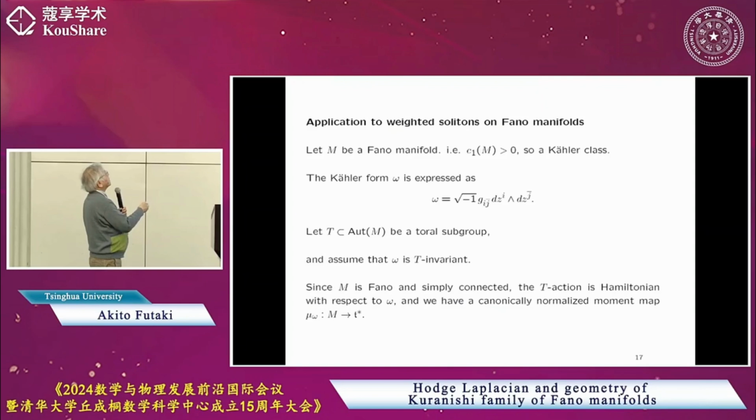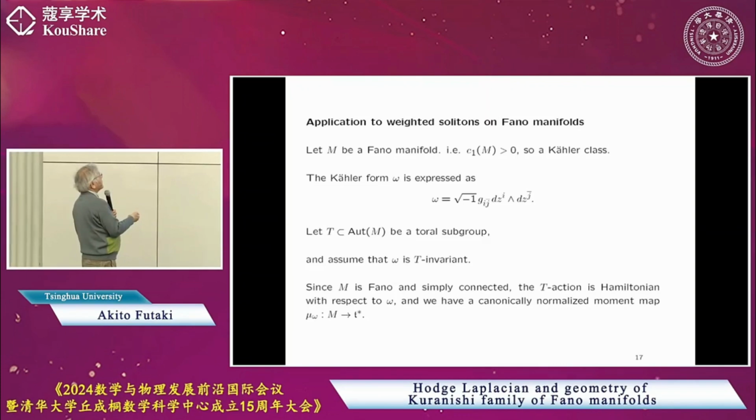And then the Kähler form is just this way. I already used this. And then let T be a toral subgroup of automorphisms of M, and assume omega is T invariant. And then a Fano manifold is simply connected, and then the torus action is always Hamiltonian with respect to omega.